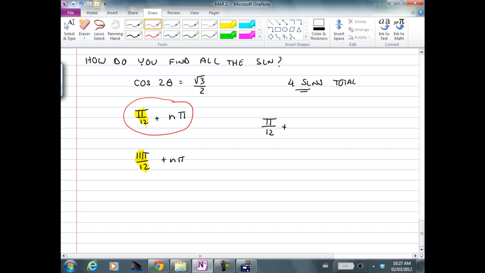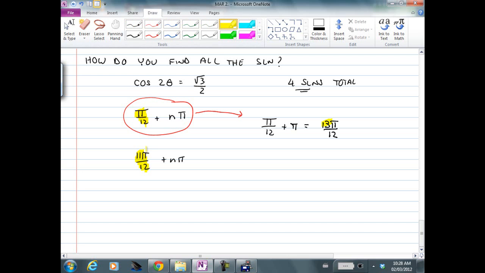So I'm taking this formula, plugging into here, plus pi. Go ahead, solve it for me, please. What's pi by 12 plus pi? Good. I hope you guys didn't say 2 pi by 12. This is actually 13 pi by 12. So here's my second solution.